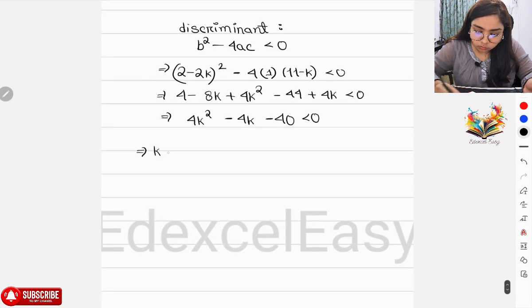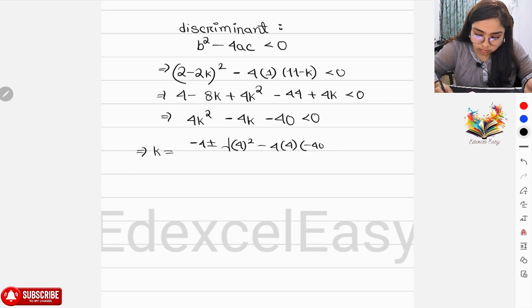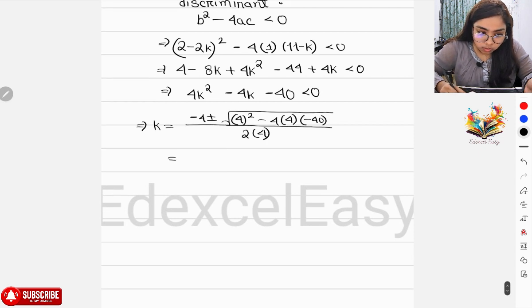You cannot just use the middle term split. Now k equals 1 plus minus root over 1 squared minus 4 times 1 times minus 10, everything under root, divided by 2. From this part you get two values for k, which are 1 plus root 41 by 2, and 1 minus root 41 by 2.